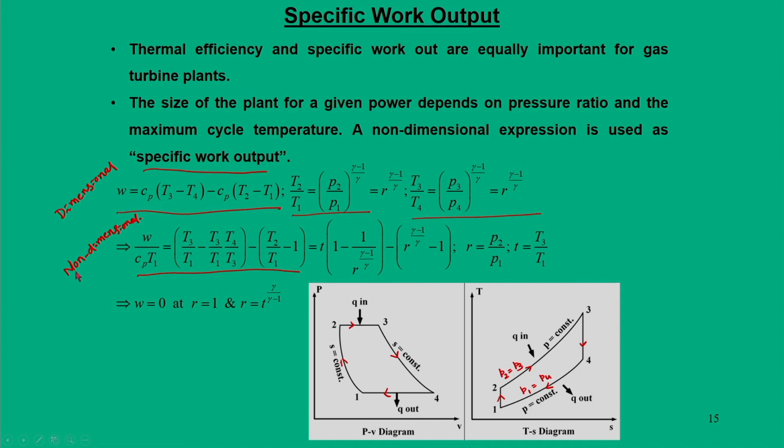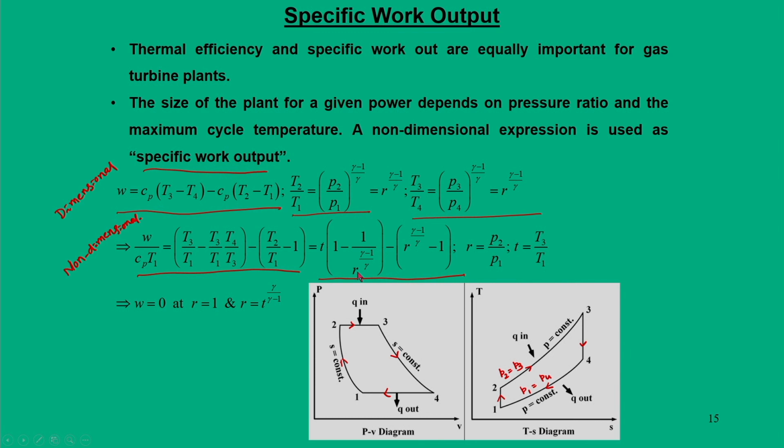Ultimately we can get a non-dimensional form of work, W by Cp times T1, as a function of two important parameters, R, that is the pressure ratio, and T, the temperature ratio.